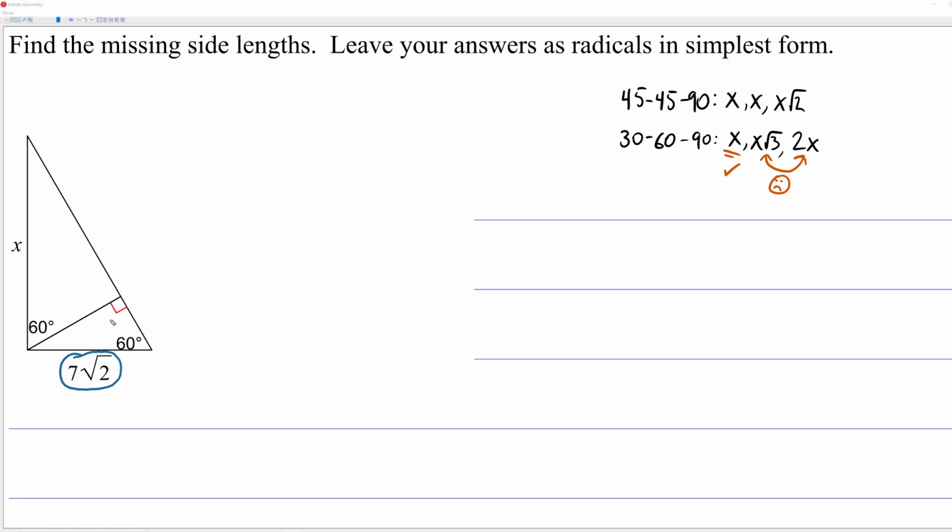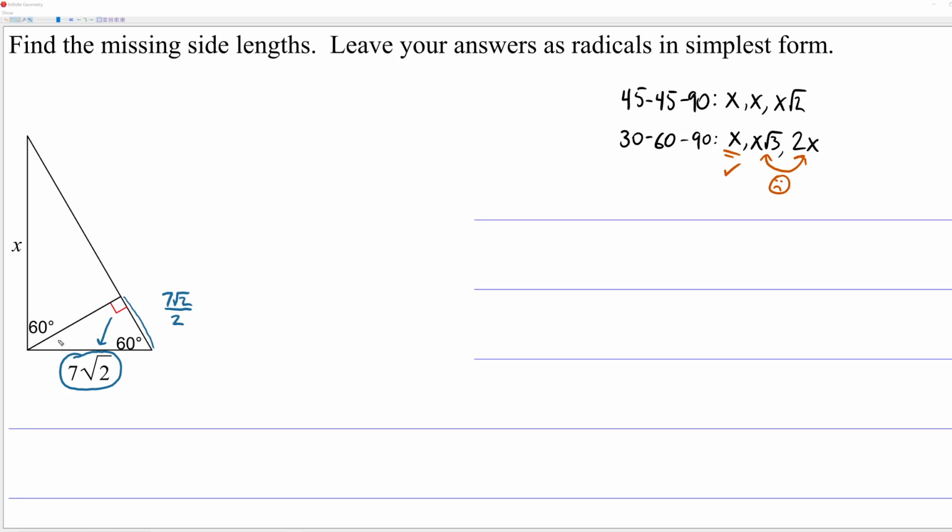This is the largest side because it's across from the 90-degree angle. So we want to go from the hypotenuse to the smallest side. Remember, you usually don't navigate between the hypotenuse and the middle side. So to get from the hypotenuse to the smallest side, we have to divide by 2. So we're going to have 7 square root 2 divided by 2.